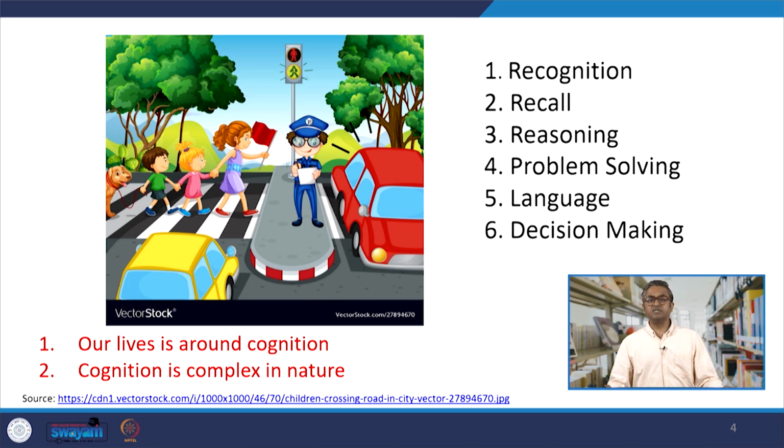Recognition, recall, reasoning, problem solving, decision making are present at each and every level. And cognition is very complex in nature. Though for some people it is easier, for some people it is very complex. Our objective is to understand the layers of complexity so that we can enhance efficiency, performance, and safety.